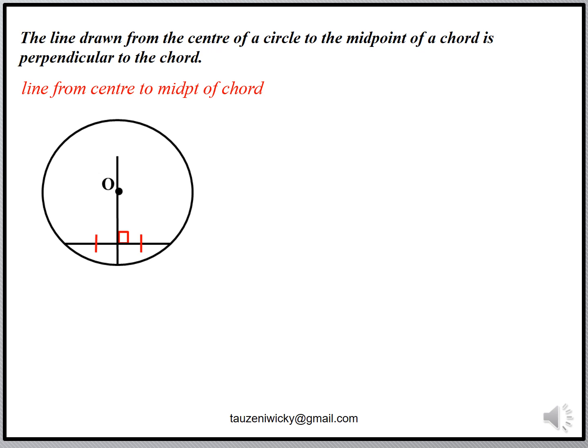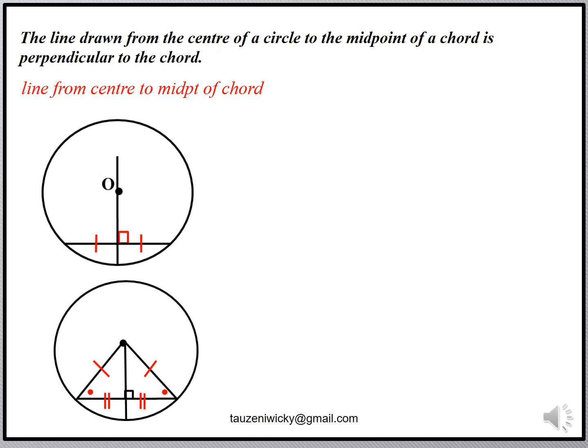That measurement is always the same because it is the radius. Then secondly, we need to remember that since the line from the center is perpendicular to the chord, the line from the center to the midpoint of a chord is perpendicular. Perpendicular means we have an angle that is 90 degrees.